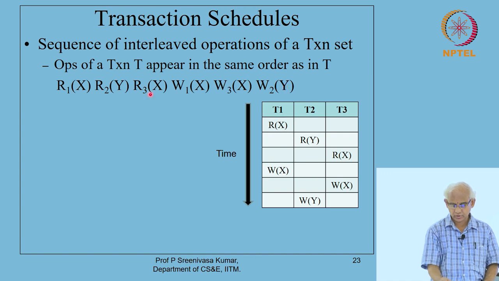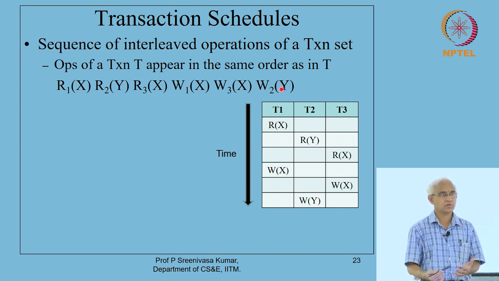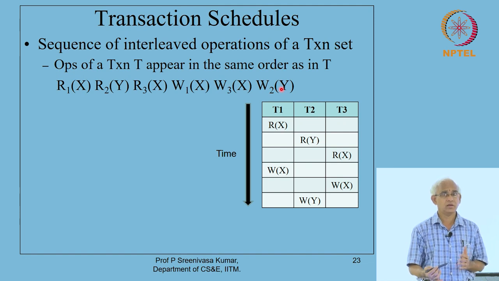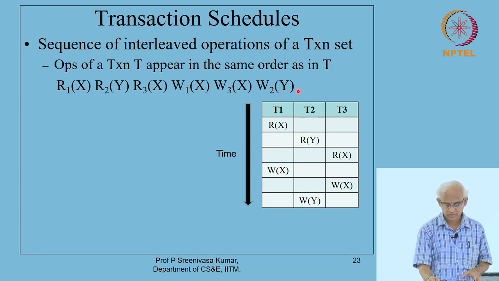Now, we use this notation to study the properties of these schedules, define what is a desirable property for a schedule, and then see how exactly such schedules will actually happen in the system. So, this is just a notation for representing the histories of the running.